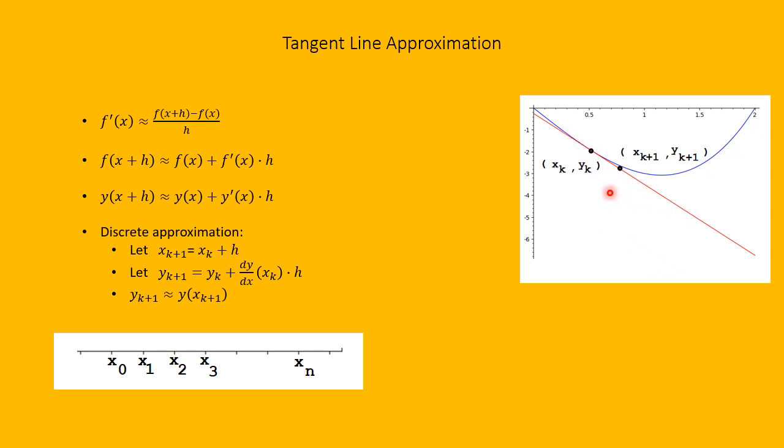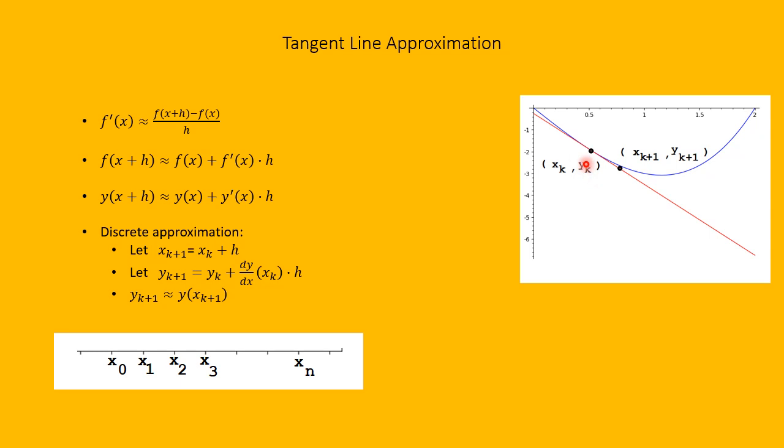Okay, so if we go from, let's say, x sub k over to x sub k plus 1, a distance h, this point on the tangent line, which has x coordinate x sub k plus 1, is going to have y coordinate y sub k plus 1. So on this tangent line, this is the point x sub k, y sub k, and also on the tangent line is this point right here, x sub k plus 1, y sub k plus 1.